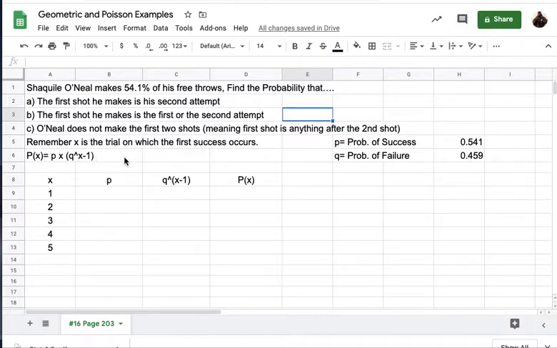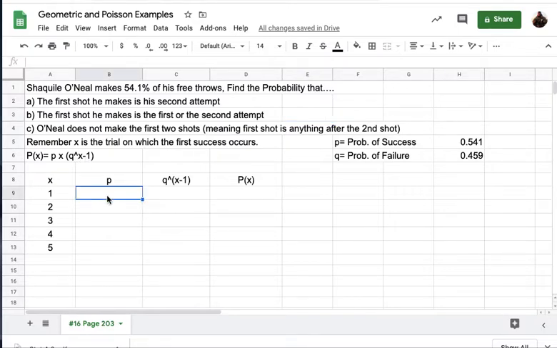This is really based on the multiplication rule that we learned in Chapter 3. No matter how many trials you have, only one of them is going to be successful, so you're only going to use that probability of success one time. The rest of the trials will be failures, so you're going to use that probability of failure for all of the rest of the trials.